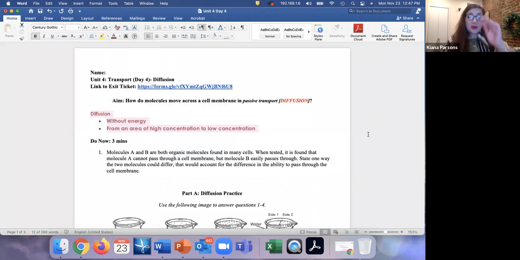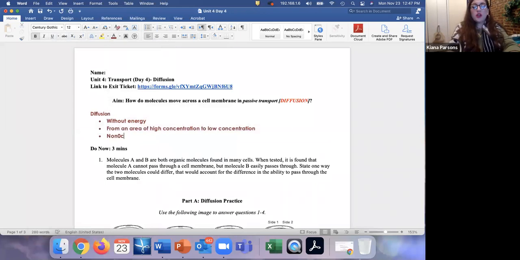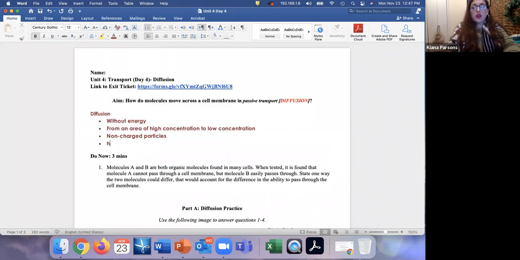But right, so when we see diffusion, we want to remember that it is transport that occurs across a semi-permeable membrane without energy from an area of high concentration to low concentration, usually small particles. Cell membrane. This is also how we get most of the energy from the food that we eat.